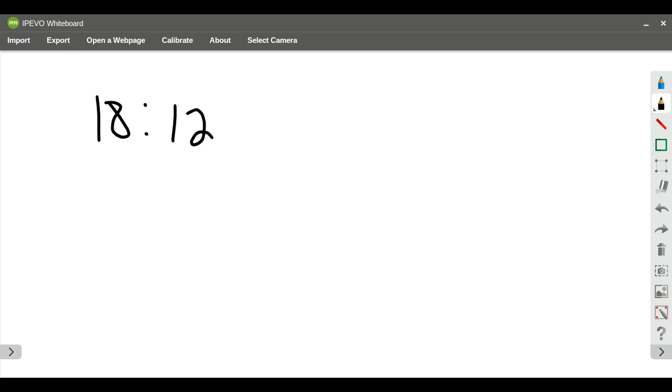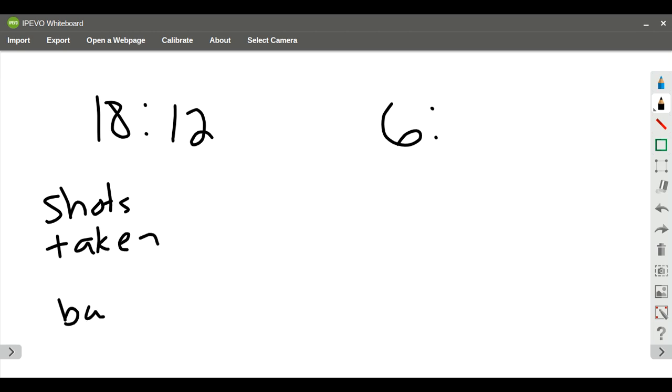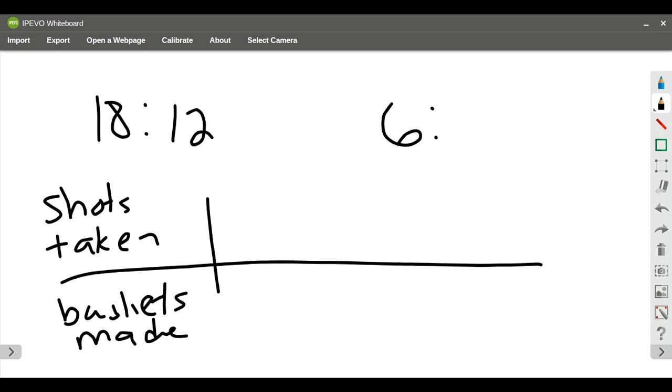When she takes 6 shots, how many of those 6 shots is she likely to make? If I set this up in a table, I have shots taken and then baskets made. You'll notice that in this one, we're going to work backwards, because we're starting with finding where she would likely be if she took 6 more shots.